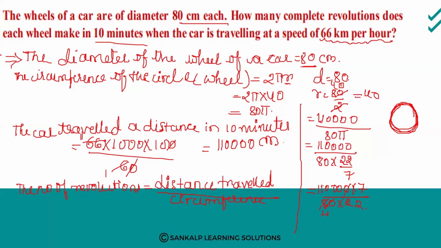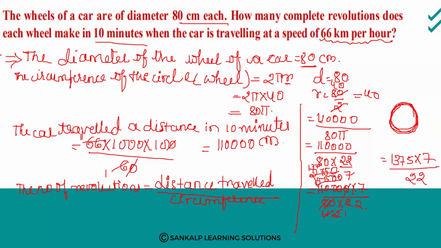So this is 2 4s are 8 and 2 5s are 10, 1 remains. Again 2 2s are 4, 2 7s are 14, 2 5s are 10. 2 1s are 2, 2 3s are 6, 2 7s are 14, 2 5s are 10, 1. 1375 into 7 divided by 22.